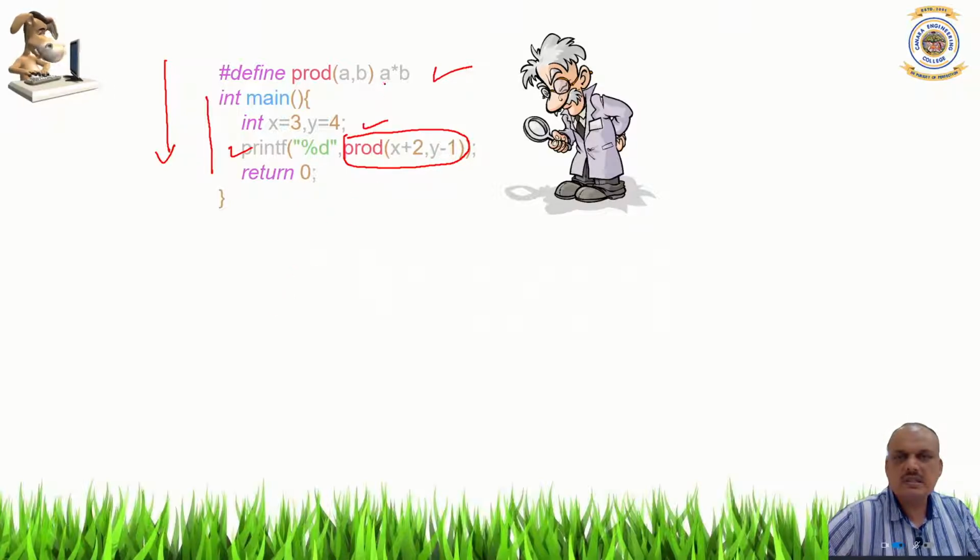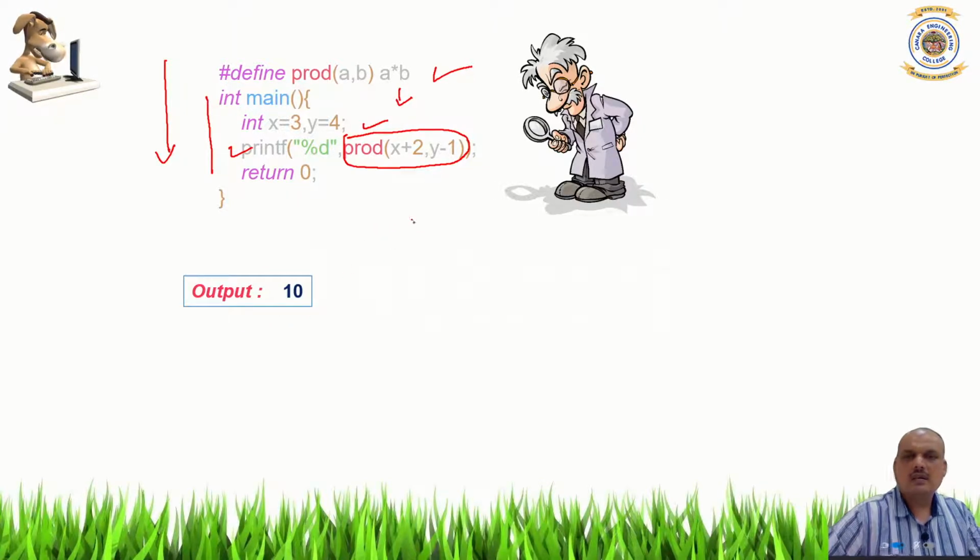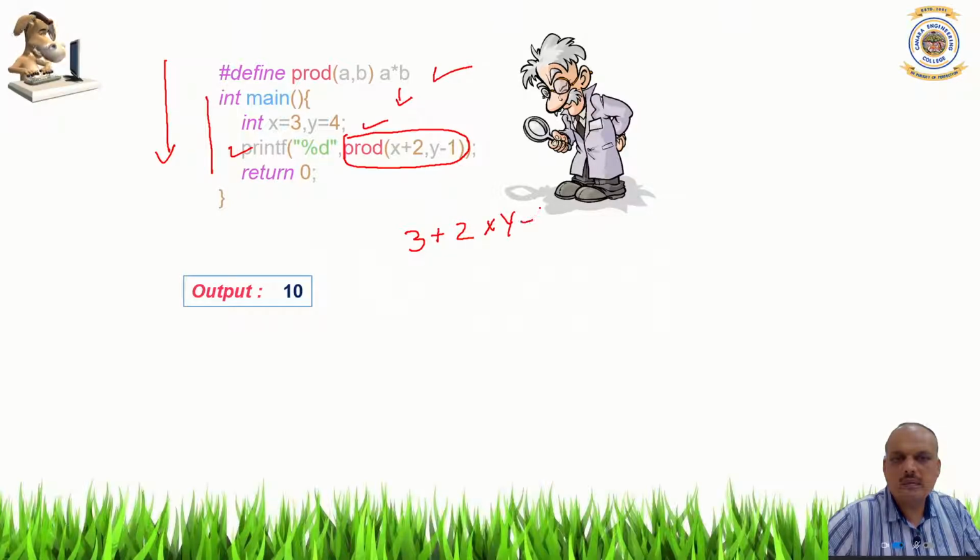What happens is that it gets replaced, so it becomes x + 2 * y - 1. So what is in x? It becomes 3 + 2 * y - 1, and y is 4, so 3 + 2 * 4 - 1.